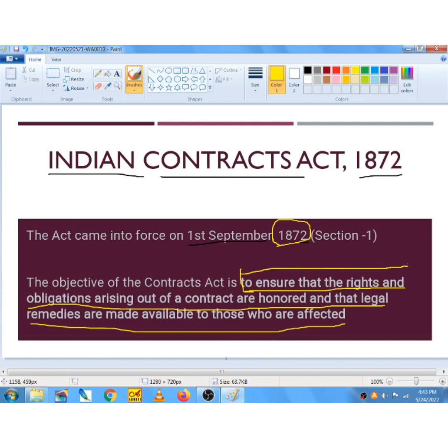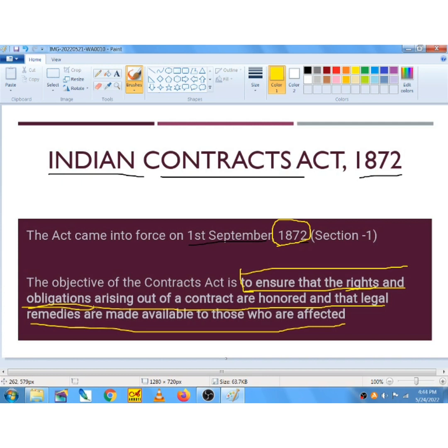So this act was made to ensure the rights and obligations. So what are the rights? So when I sell you 100 bags of rice, I have the right to get payment from you. On the other hand, the other party will have the obligation to make that payment. So rights and obligations go together. My right is your obligation and your obligation is my right.